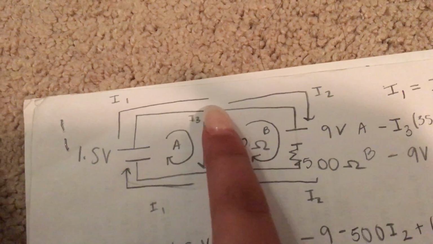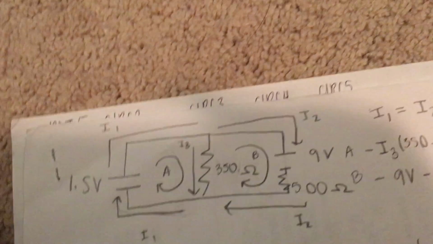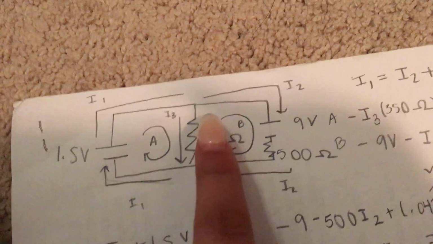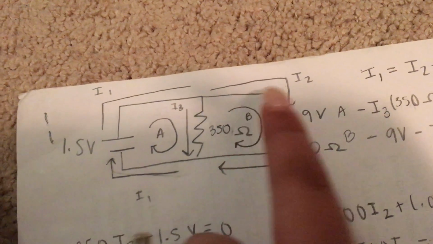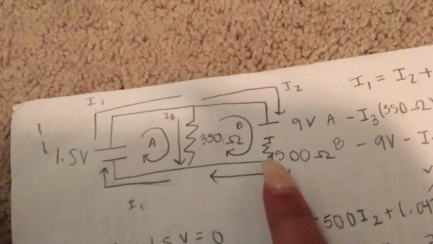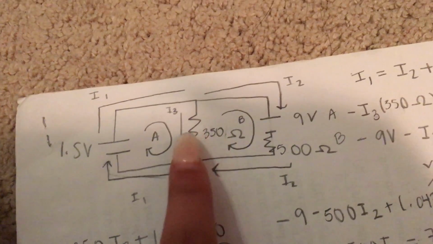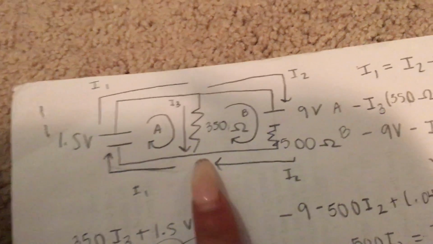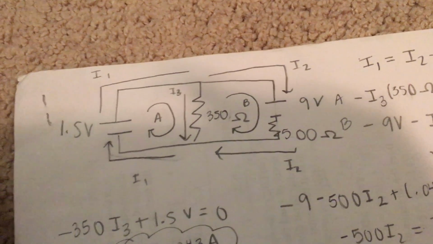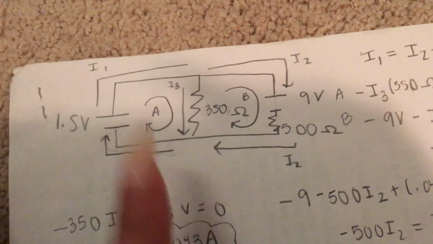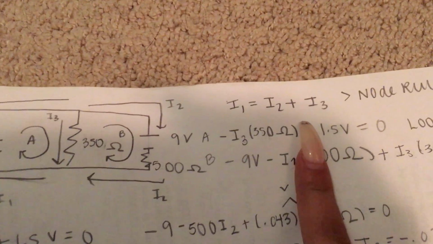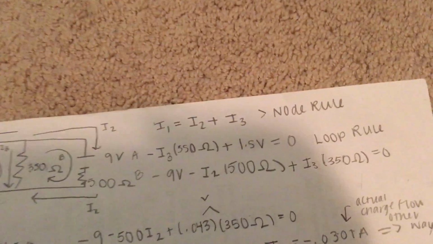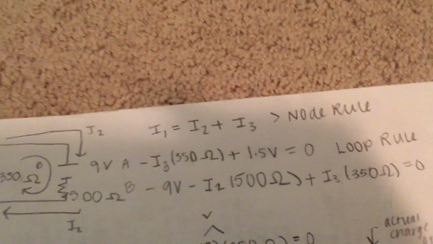But here's a little node, an invisible node, one might say, which is why our I2 splits, because our I2 goes through this voltage and resistor, and our I3 has to go through this resistor. But never fret, they come back together as I1. We'll come back to this later. We use this to solve for one of our currents. Or I do. I don't know, I keep saying we.